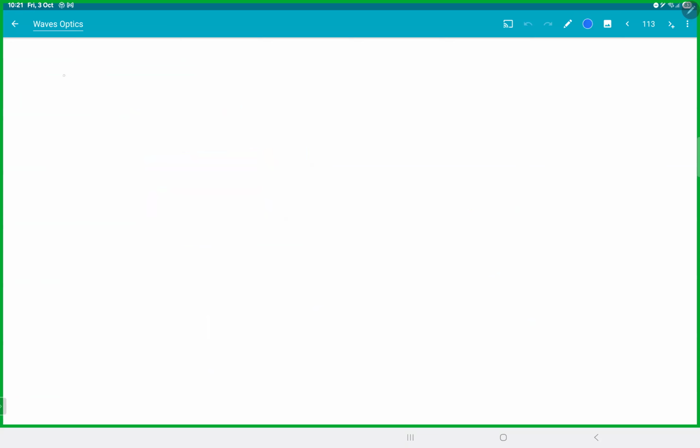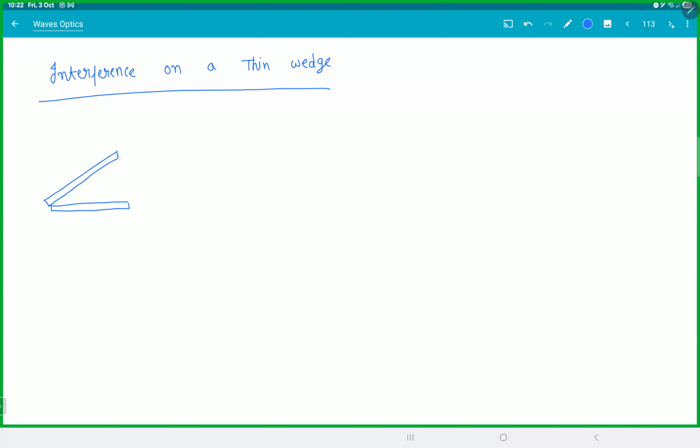And there's one more thing, a little interference on a thin wedge with an approximation. So listen to the idea there. This is not a tough one, but you should know how to handle these things. So if you take a very thin slab, something of this sort.